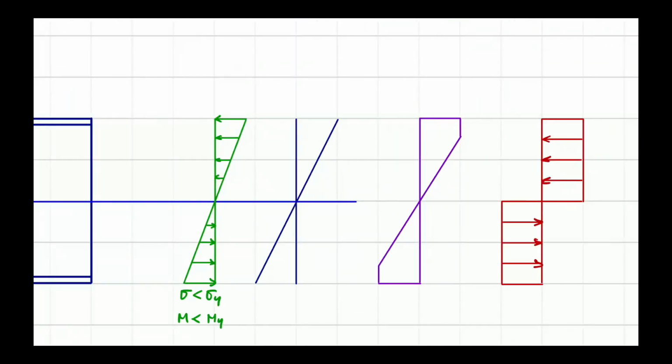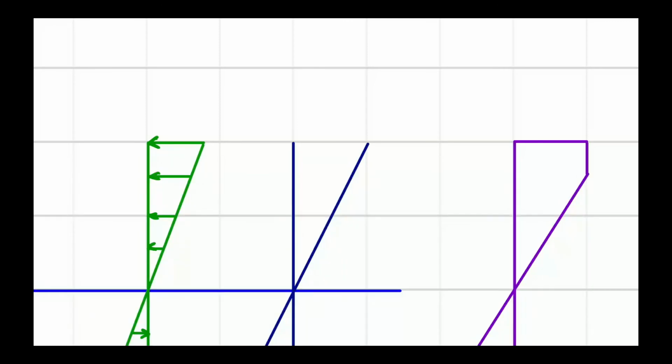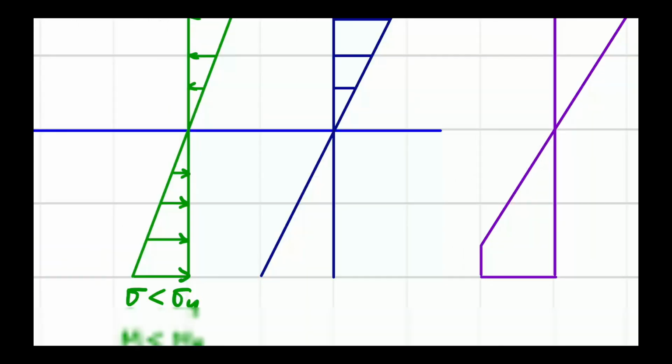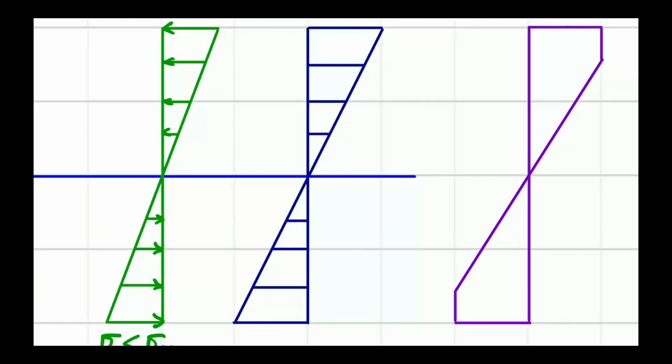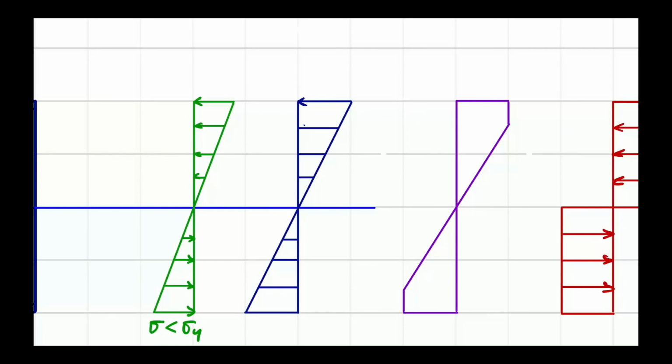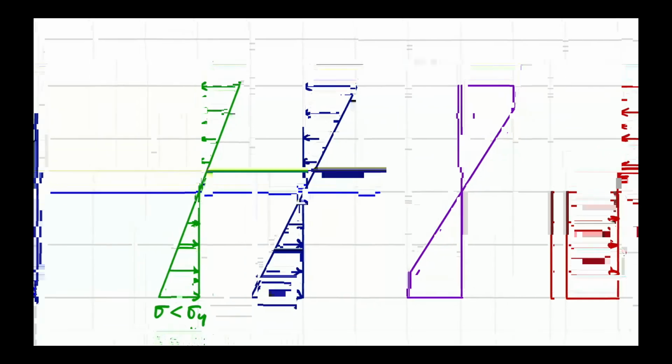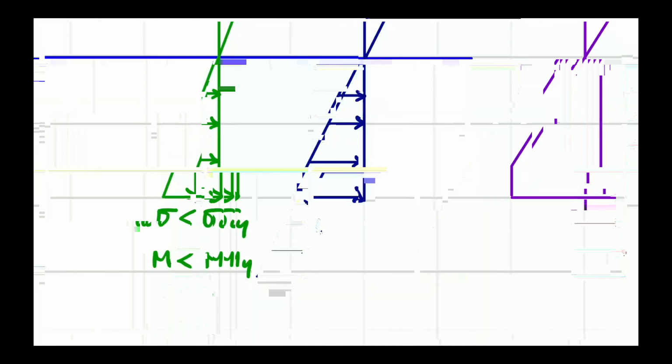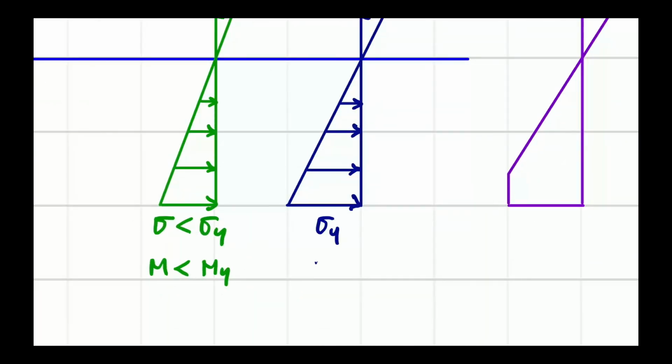The next step, once you produce a big enough moment, we define this as sigma y, and you have the My.